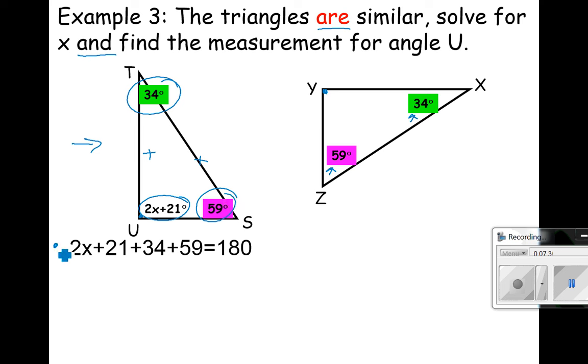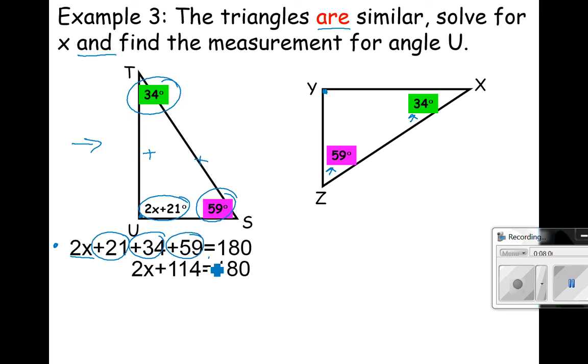And that's the equation I've set up right there. Then I'm going to go ahead and solve that equation. I'm first going to see that 2x doesn't have any friends on this side, but I can combine 21 plus 34 plus 59. And that's going to equal 114. So my next line would have 2x plus 114 equals 180.